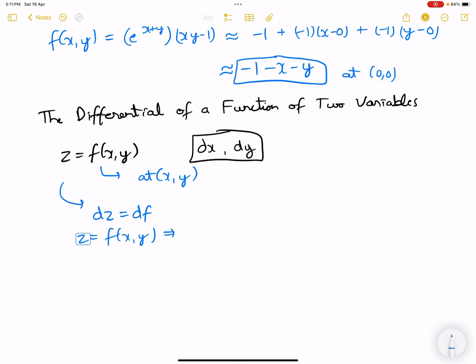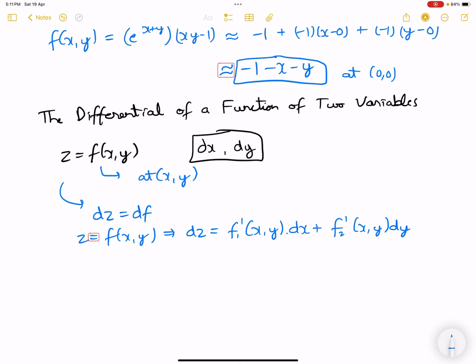So this implies dz equals f1'(x,y) into dx plus f2'(x,y) into dy.